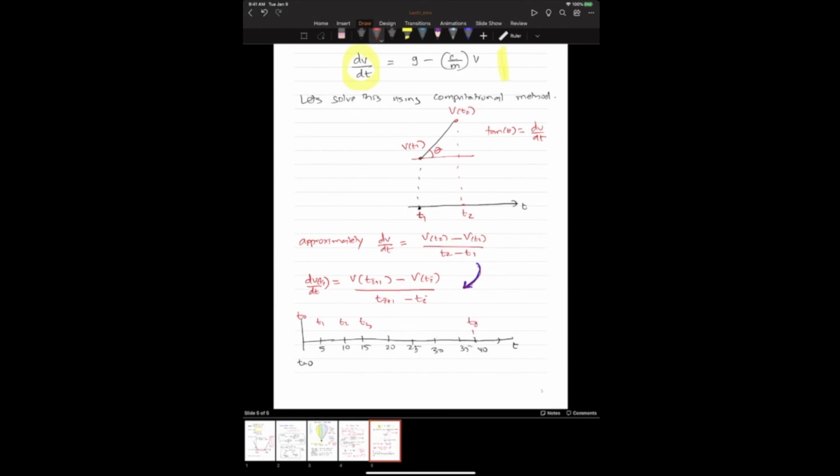Now using that, for any t, we can write the formula. So let me substitute it there and write that.